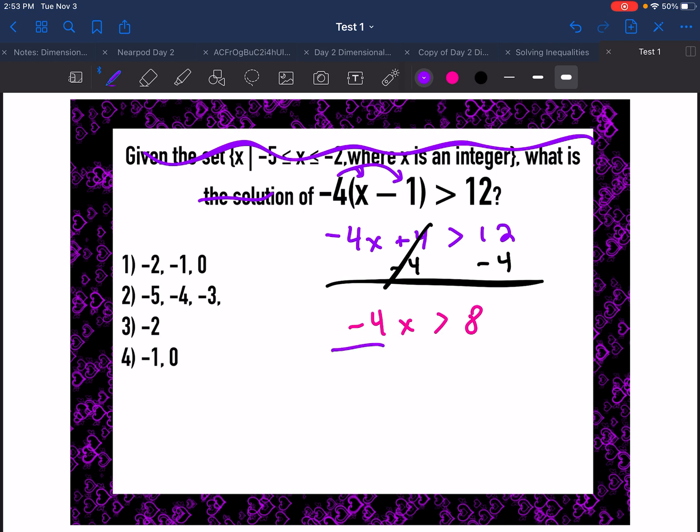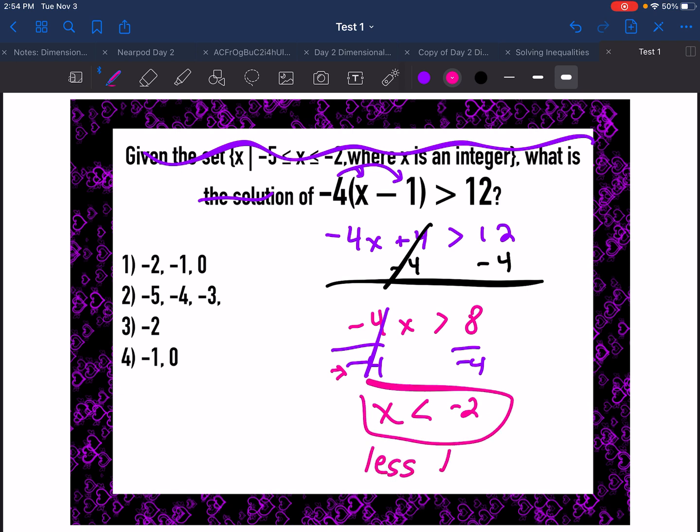I want to divide both sides by -4. Cancel that out. Bring down x. I divided by a negative number, so I turn my greater than into a less than. And then 8 divided by -4, I get -2. And I'm looking for numbers that are less than -2.